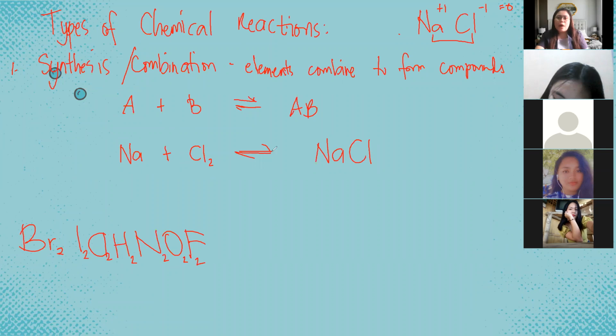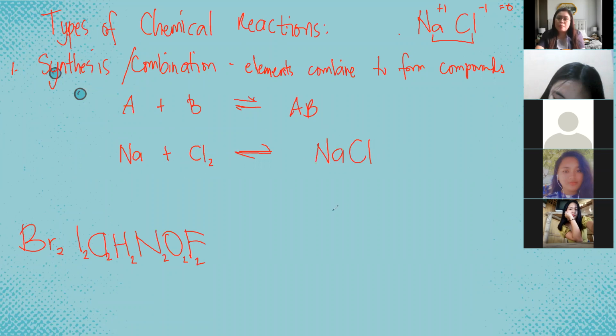Okay? So that's how you predict the product for the synthesis or combination reaction. Sodium plus chlorine equals sodium chloride. The elements combine to form this compound. What we need to do is to balance the equation.